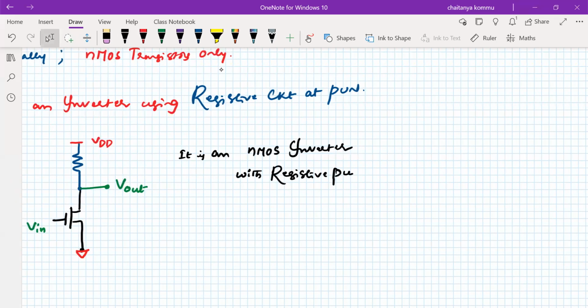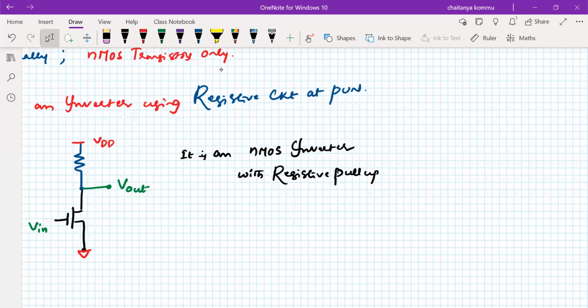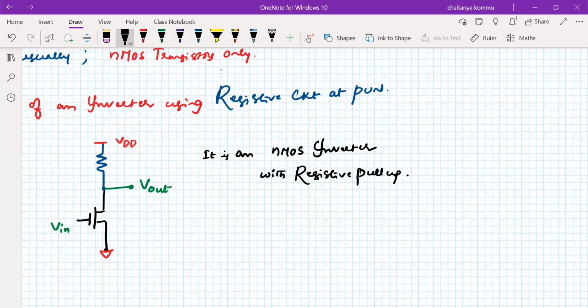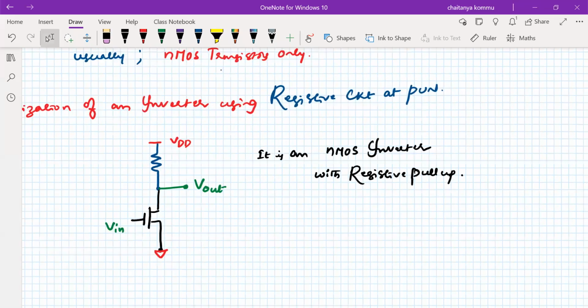Normally people call it a load. Therefore, this is called the pull-up network, and this is called the pull-down network.